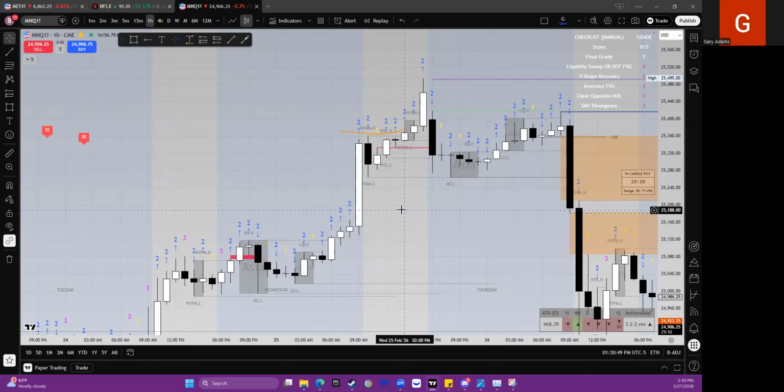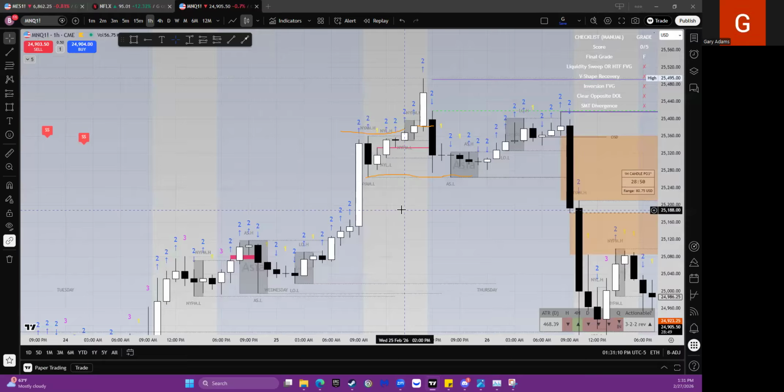Then we went up and swept above there, so we got a two to the upside. A person trying to enter a trade here, as soon as we broke the low of this, could get in the trade there and take this to the downside, or at least to this fair value gap here, and then price went up.